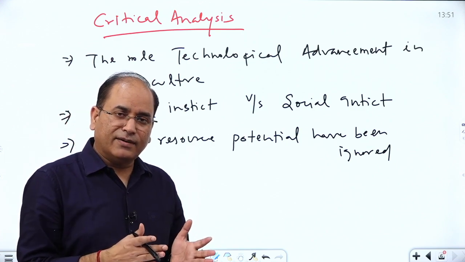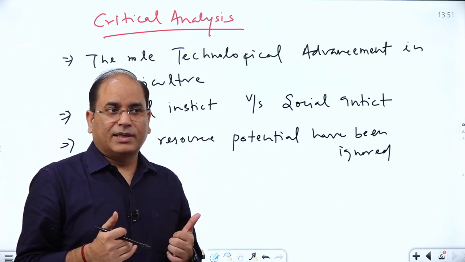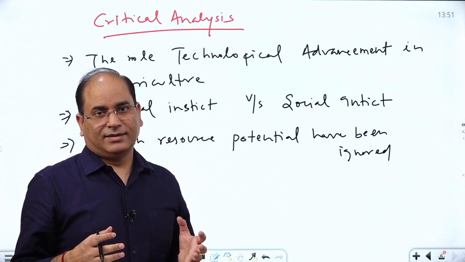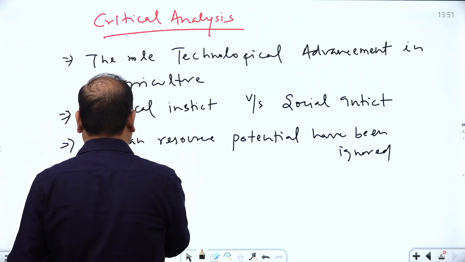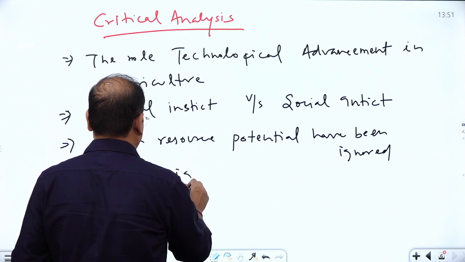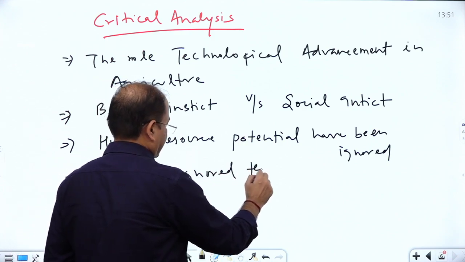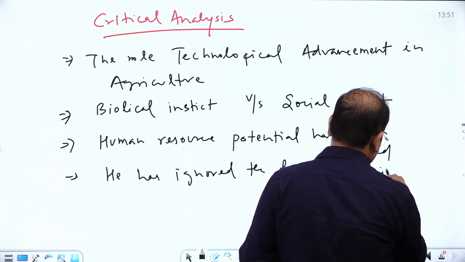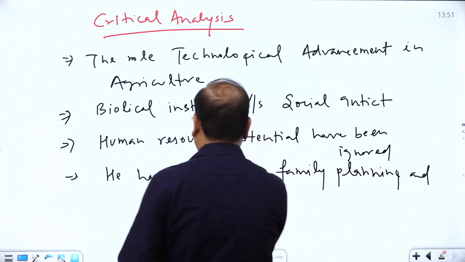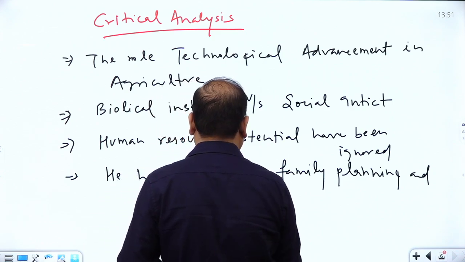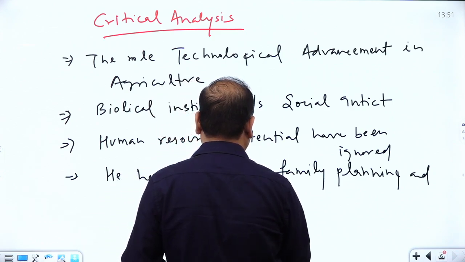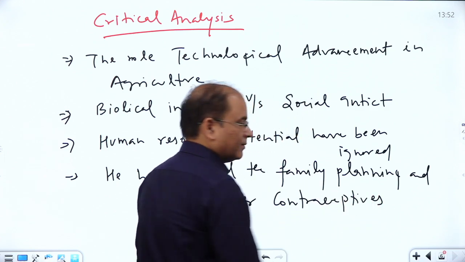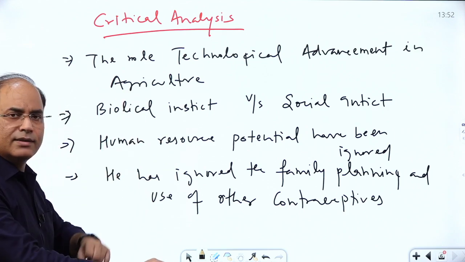So contraceptives and family planning were prevalent, but still Malthus ignored that.